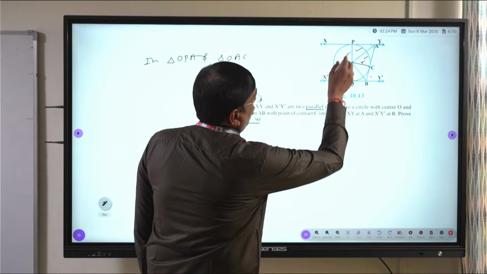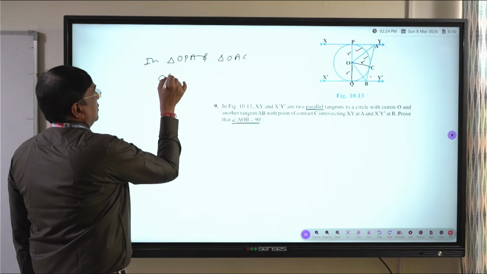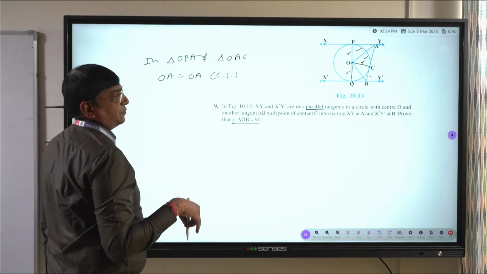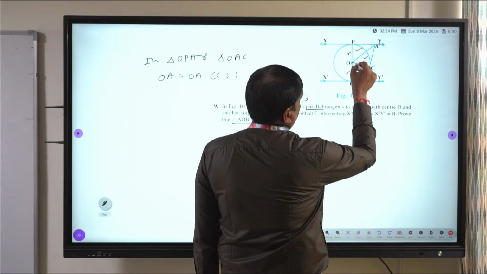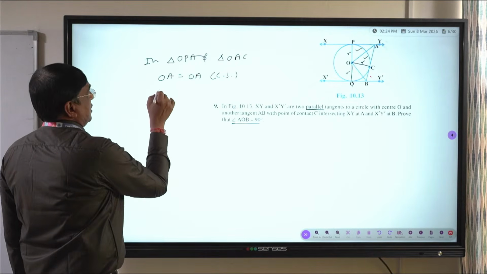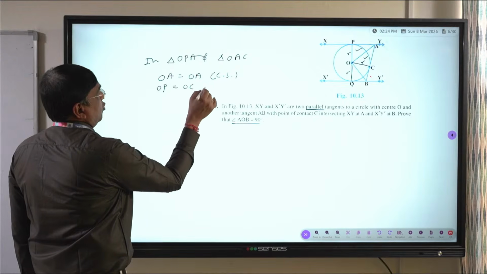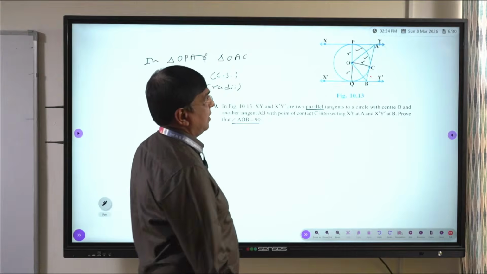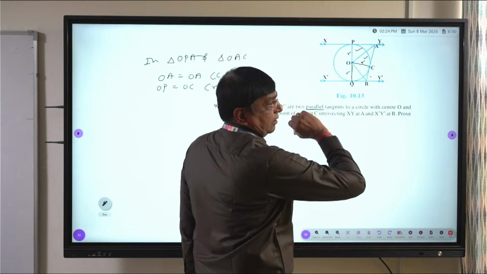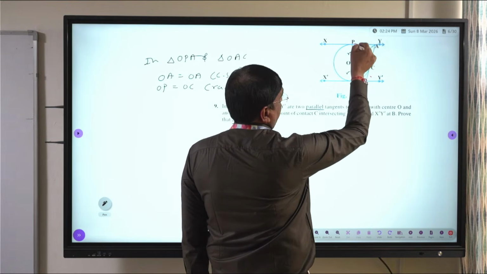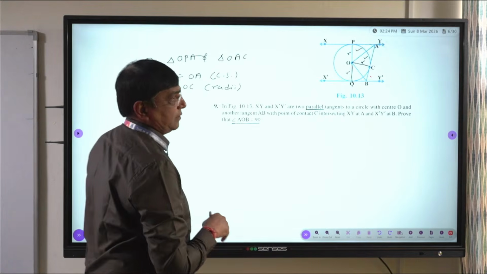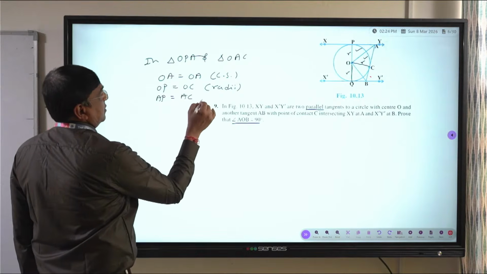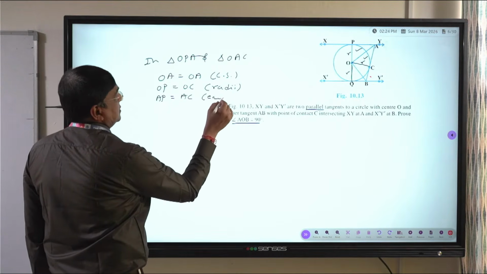OA is a common line segment. So OA equals OA, common side. Second, OP and OC both are radii of the same circle. So OP equals OC, radii of same circle. Third is a tangent. So from the exterior point A, we can say AP equals AC, equal tangents.